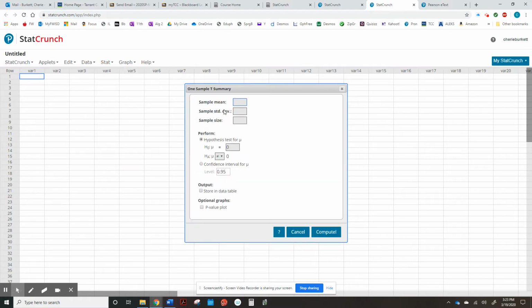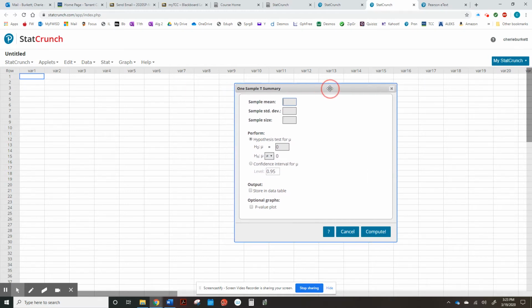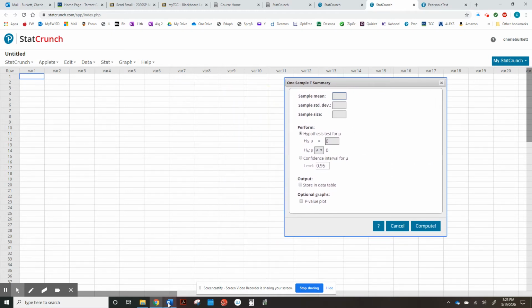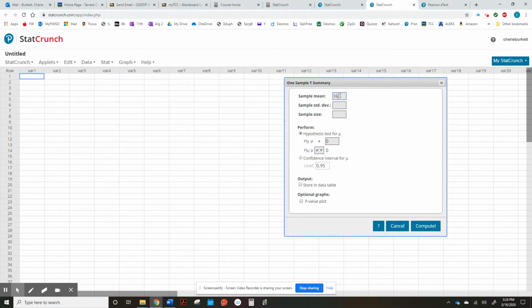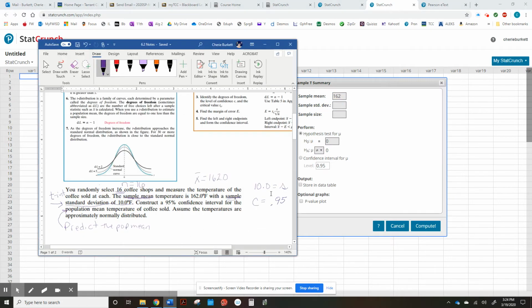So we're going to select that one, and then you simply put in what it asks for. The sample mean was 162 degrees. The sample standard deviation was 10 degrees.